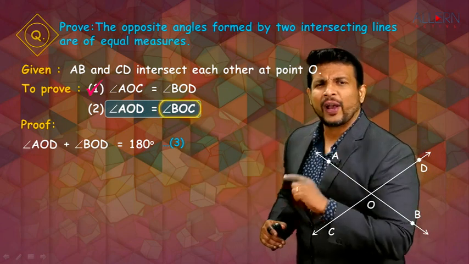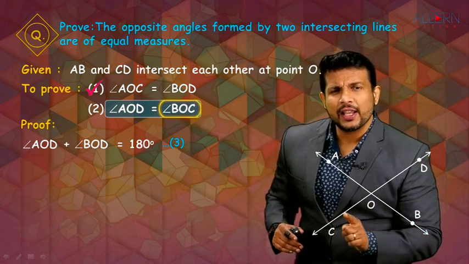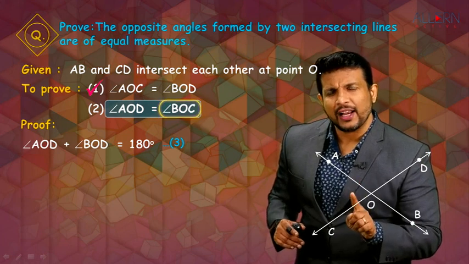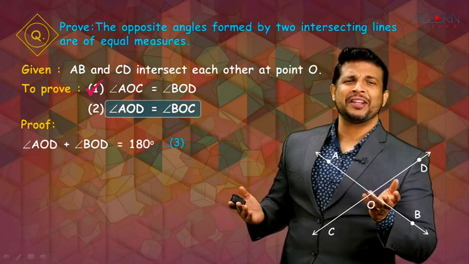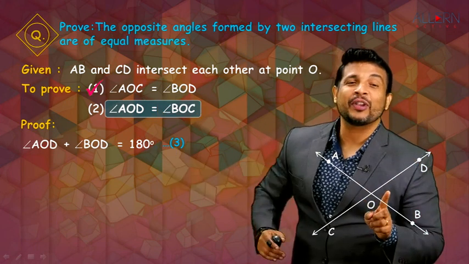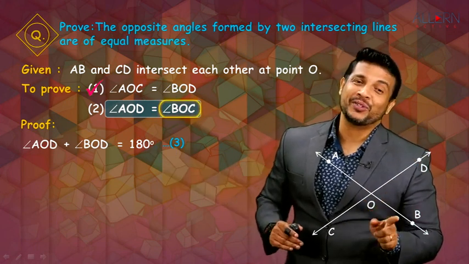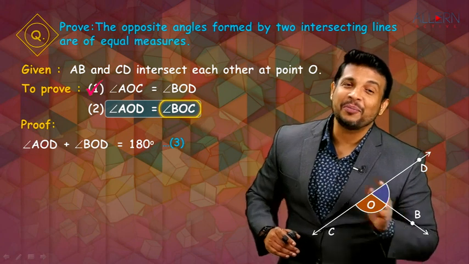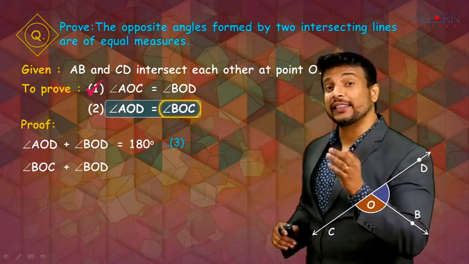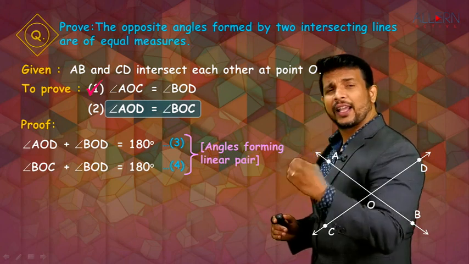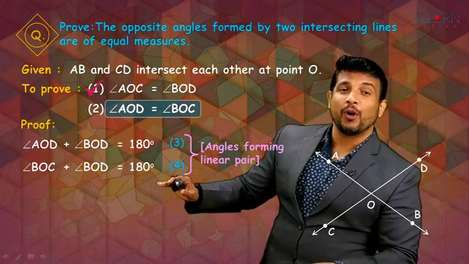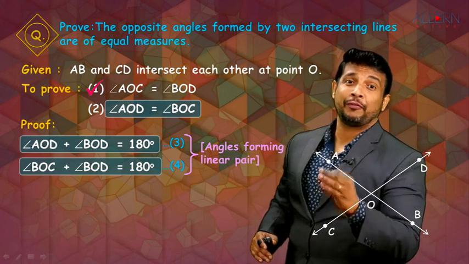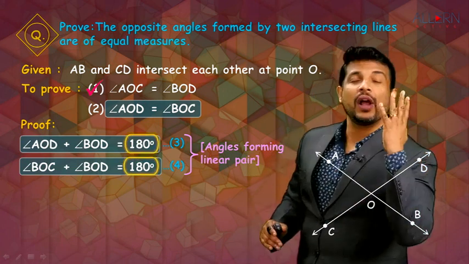So now next one, angle BOC. It's forming a linear pair with angle AOC or with BOD. Which one to write? Anyone. It could have been anyone, but in the first one, since we have written BOD, we need to write it with BOD. So we write angle BOC plus angle BOD is equal to 180 degrees. That's our result number 4. Reason is angles forming linear pair, and I know you know the next step. Both the results, if you see 3 and 4, the right hand sides are equal.